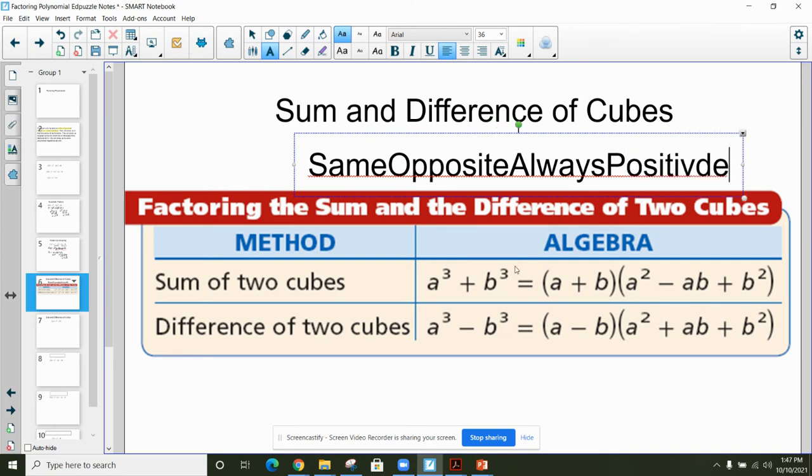So what do I mean by that? Same, opposite, always positive. So in the first parenthesis, that sign is always the same as the problem. The next sign is always opposite. And then the last one is always positive. So the acronym SOAP will help us remember our signs when we get a plus or a minus, a sum or a difference of cubes.